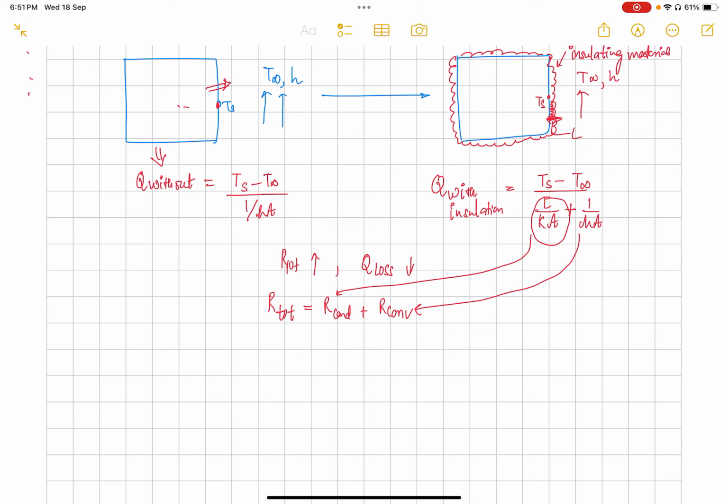But convective resistance may or may not increase, because it depends on h and also the surface area. It means total resistance may also increase or decrease, so total heat loss can also increase or decrease. That's why we are here to study the effect of thickness of insulation on heat transfer.